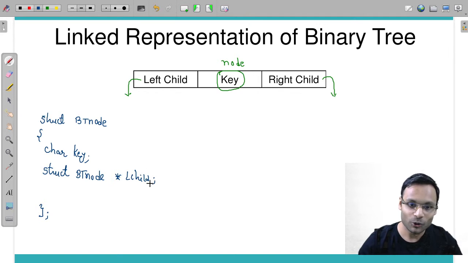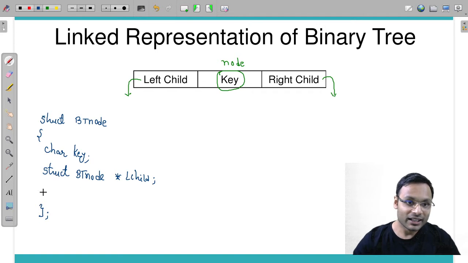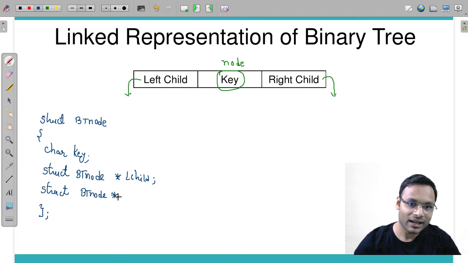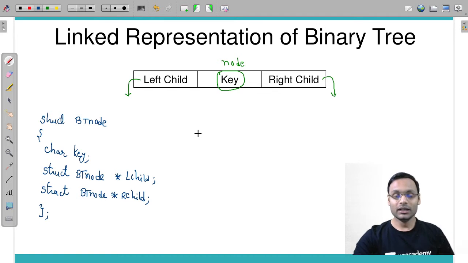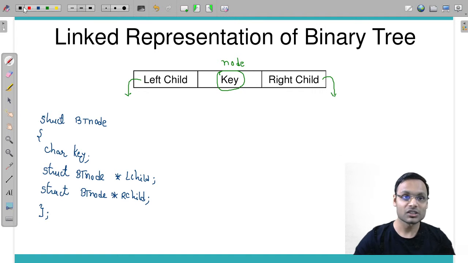Are you able to follow? What should I write next? Next is the right child pointer: struct BT node star right child. So it's a BT node type structure pointer, the right child pointer. That's how you can write the structure.